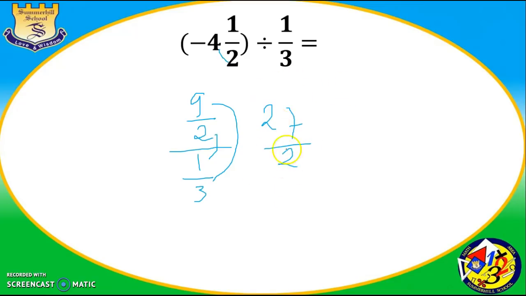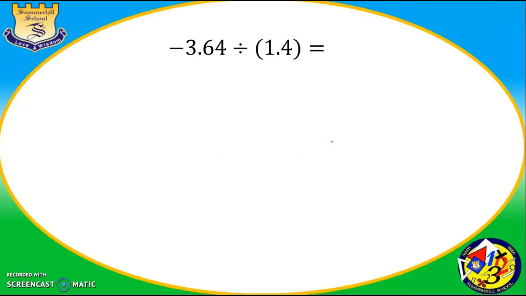Here you know that it is improper. Yes, different sign, you know that the answer is going to be negative. 26 divided by 2, when you do it, you know that the denominator no change. Here is 13 times 2, 26 plus 1. Well, that's going to be the answer.